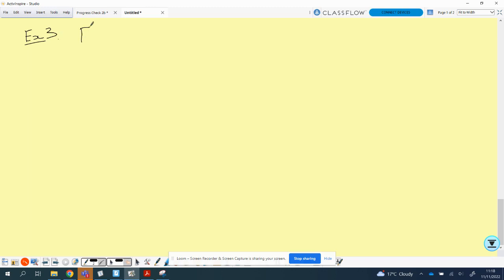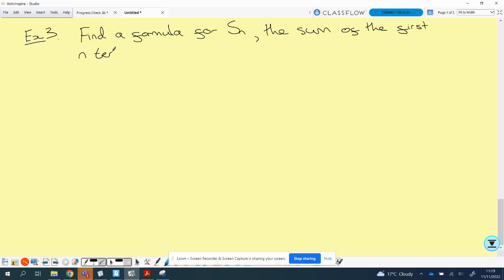We want to find a formula for Sn, our sum, which is the sum of the first n terms of the sequence 9, 15, 21, 27, and so on.